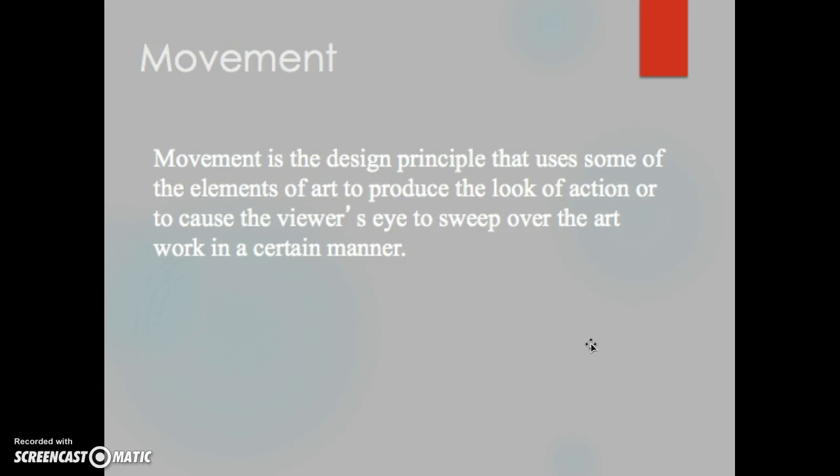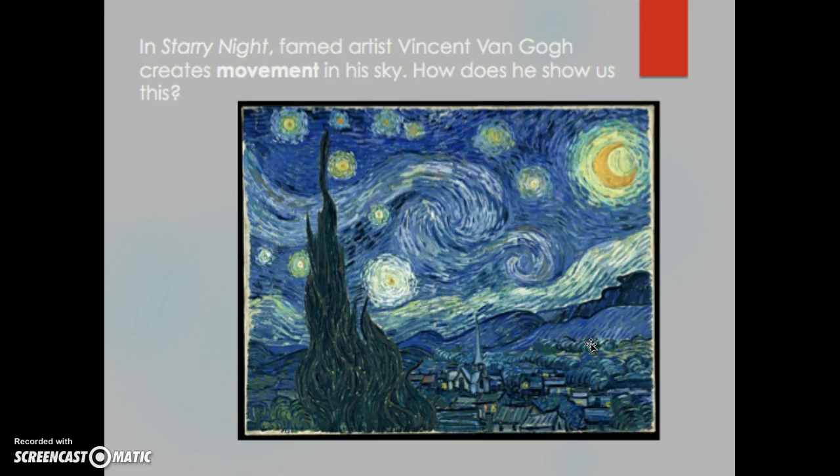Okay, movement. It gives the illusion that a stagnant, static, two-dimensional piece of work is moving. For example, of course, our man Vincent van Gogh. Look at that sky. If you stare at that sky long enough, you get the sense that the wind is blowing, maybe it's clouds and the moon is shining, and this is all this swirling stuff over top of this very sleepy, peaceful little village.